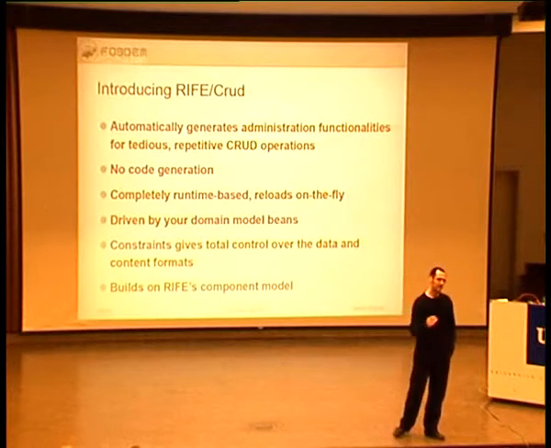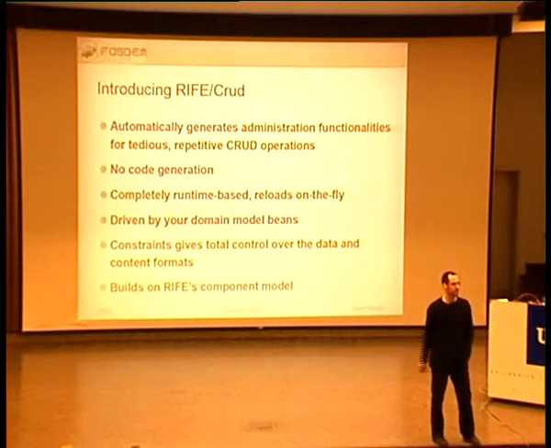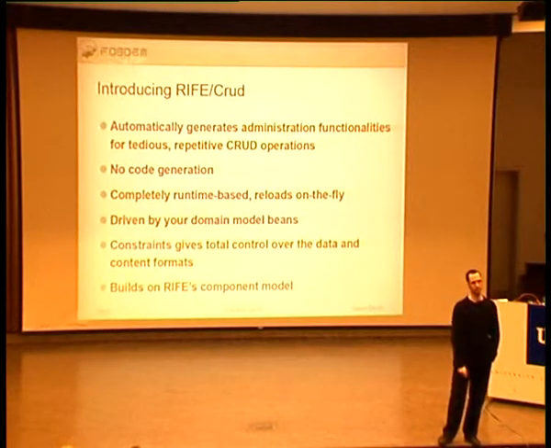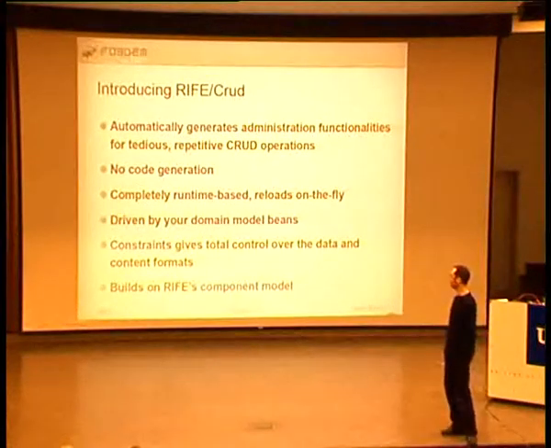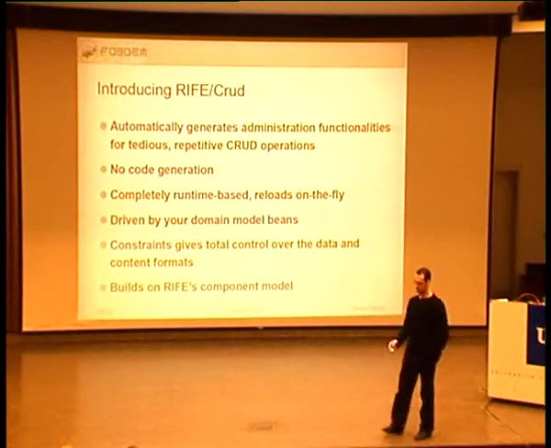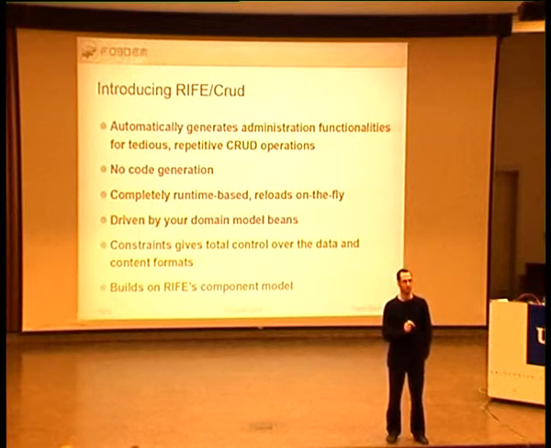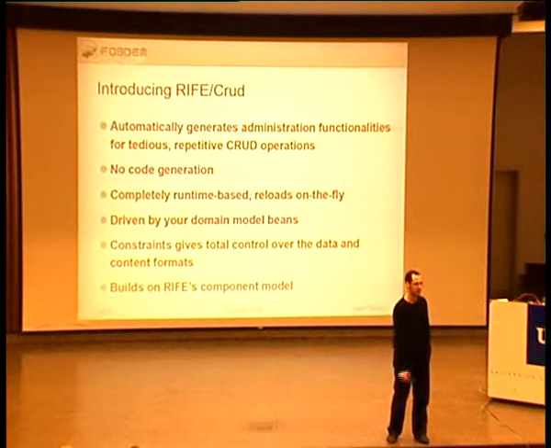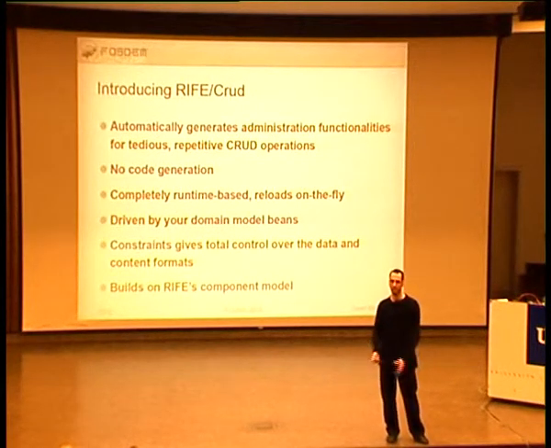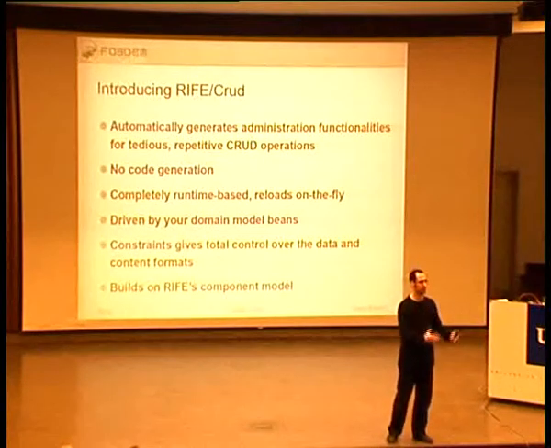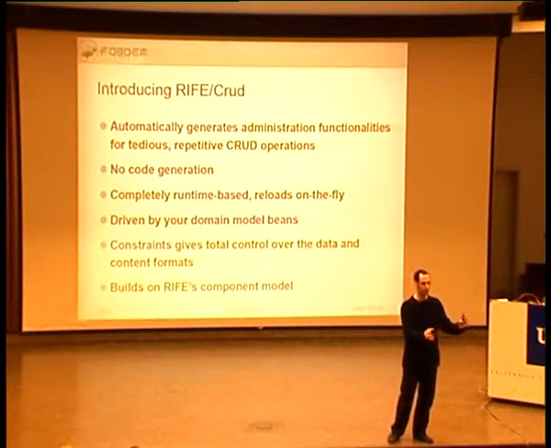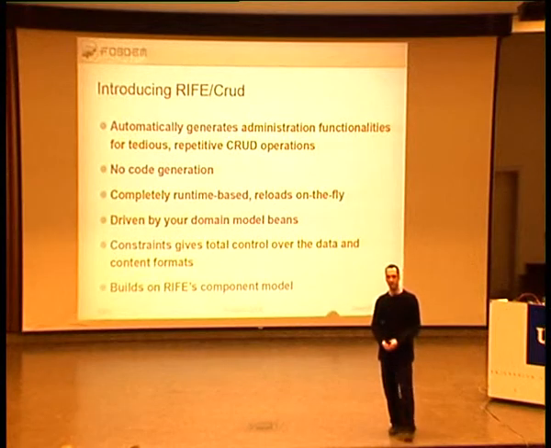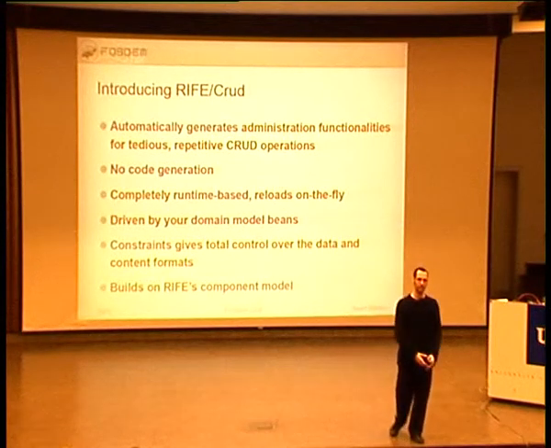And RIFE CRUD automatically generates entire websites according to your domain model. And it uses these constraints to do so. But contrary to most existing solutions, it doesn't generate any code. It does this at runtime. It creates the structures on the fly. It creates this site structure that you saw in the beginning on the fly. It creates your templates on the fly.